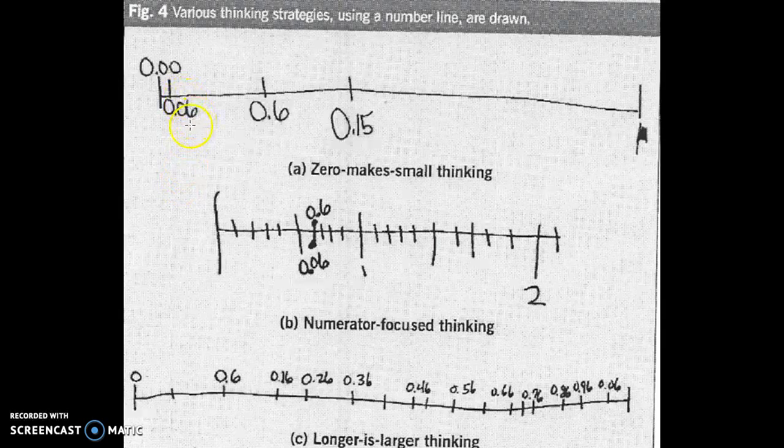Here we have a student who correctly records the 6/100ths and the 6/10ths, however incorrectly records 15/100ths as being larger than 6/10ths. This student records 6/10ths as being equal to 6/100ths.